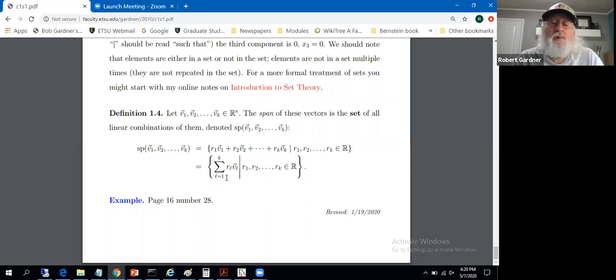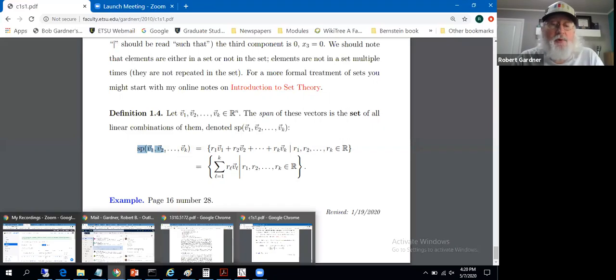We'll take linear combinations and allow the coefficients to be all real numbers. So every real number is used in producing the span of a set of vectors. If we took the span of one vector, we'd get the line spanned by that vector. If we took two vectors only, we get the plane spanned by those vectors. So this overlaps with that geometric idea we were pushing a while ago.